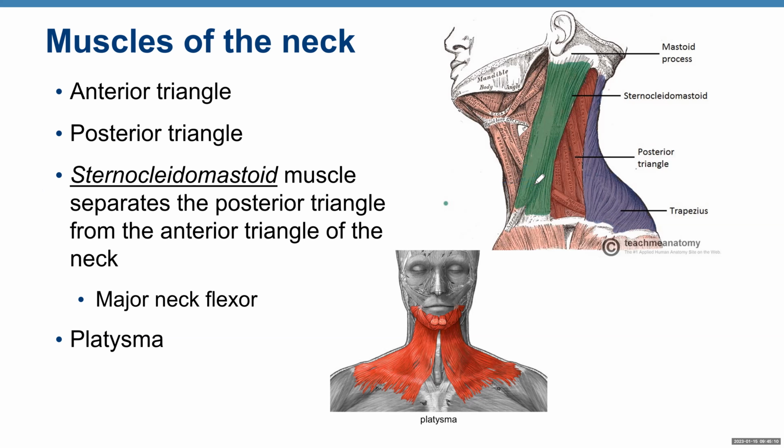It's a muscle that separates the posterior triangle from the anterior triangle of the neck, a major neck flexor. Sternocleido means it originates on the sternum and the clavicle, and mastoid, inserted into the mastoid process of the temporal bone. And then a very superficial muscle covering the anterior surface of your neck is platysma.